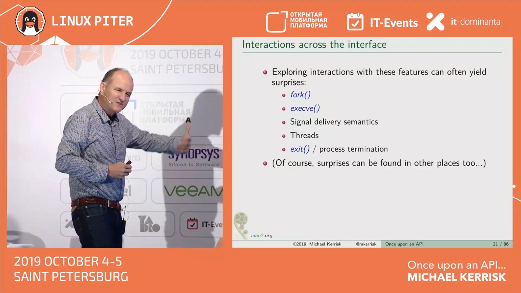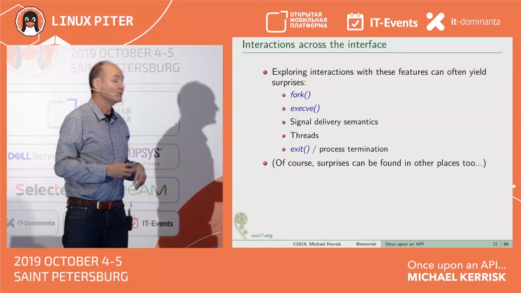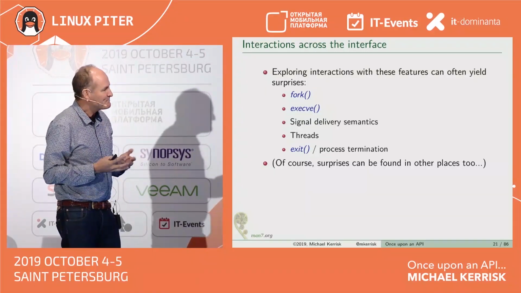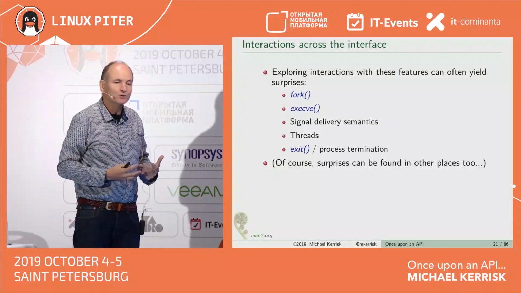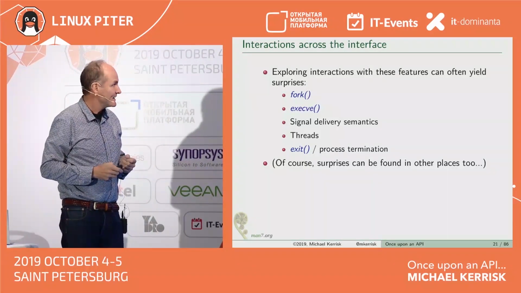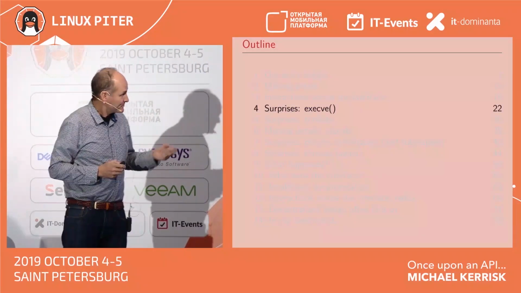You know, process creation, execution of new programs, delivery of signals, threads. Threads is a really good one. And process termination. And there are other places for finding surprises too, but these are often good places to start. So let's look for some surprises.